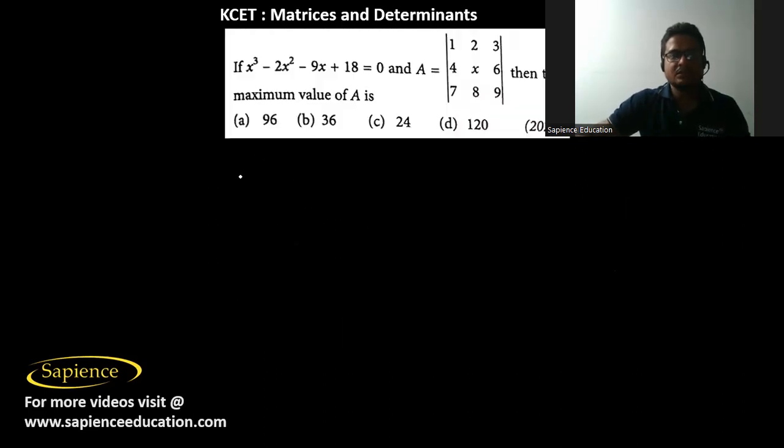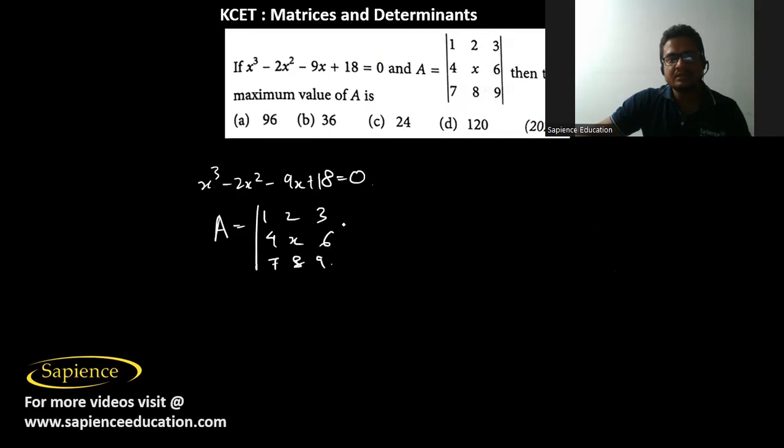Then here it is told that x cube minus 2x square minus 9x plus 18 is equal to 0, and A is equal to the determinant of 1 2 3, 4 x 6, 7 8 9. Then the maximum value of A is?